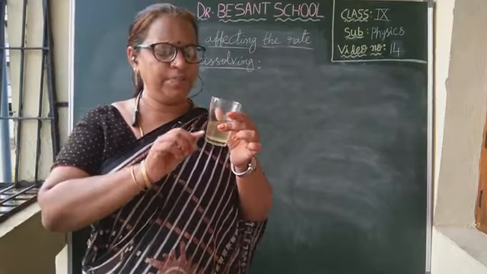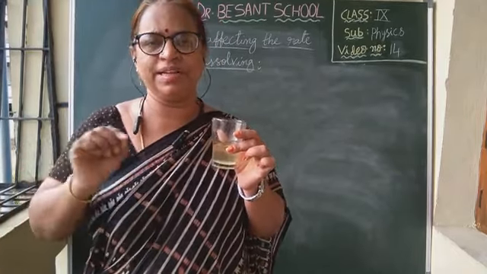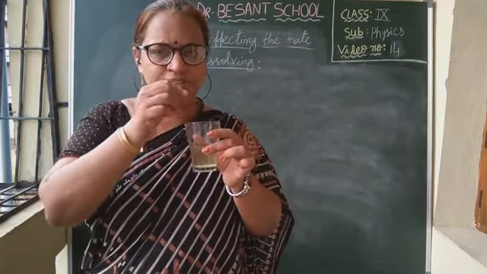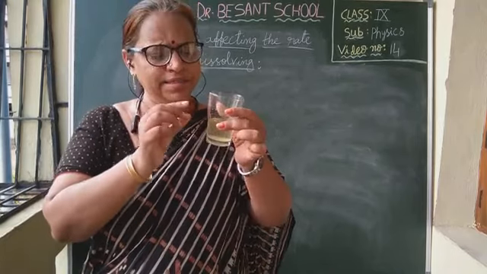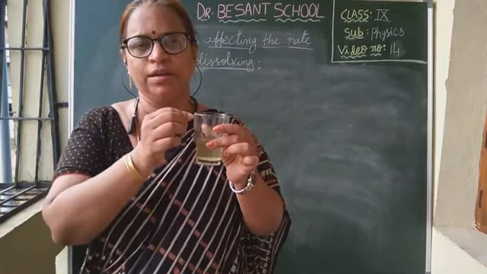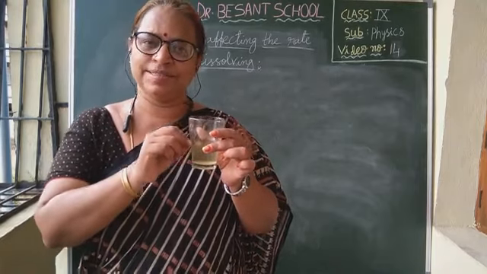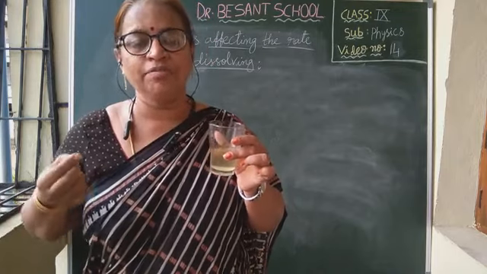Suppose in place of sugar, we take salt and repeat the same activity. If you pour 1 spoon of salt, will it get dissolved quickly, or 1 spoon of sugar in the same water? Which will get dissolved quickly? Yes, salt will get dissolved more quickly than sugar. Why?